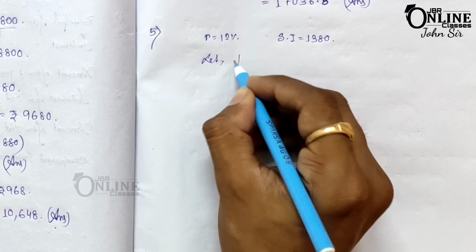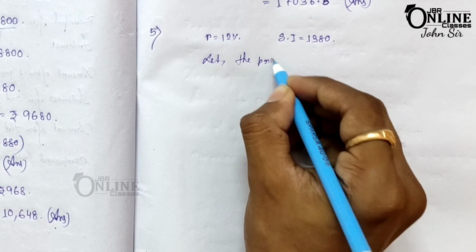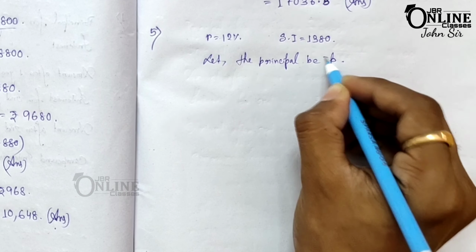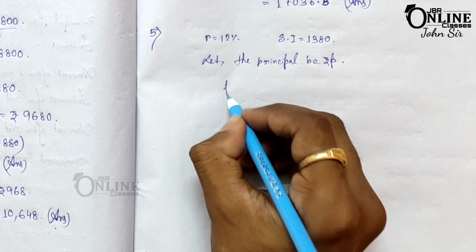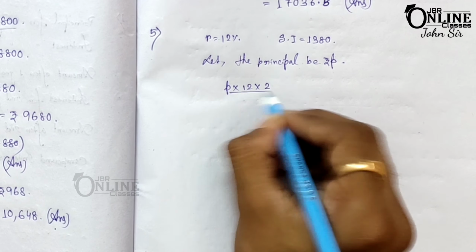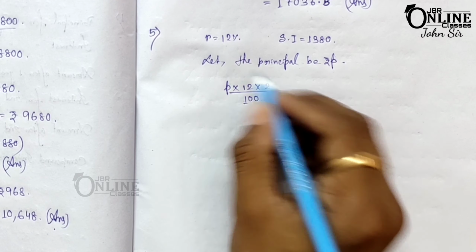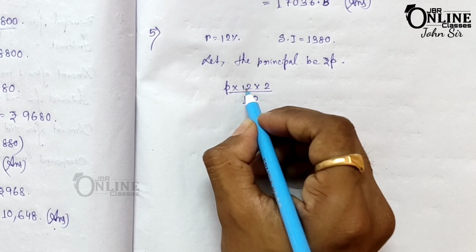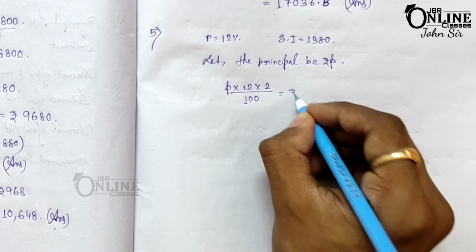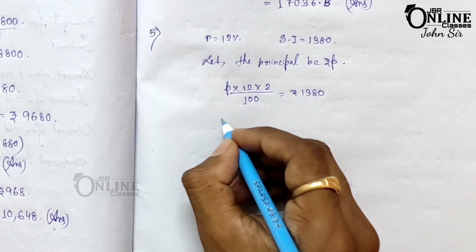First let the principal be rupees P. So according to the problem, P into R, that is 12, into 2 years, by 100. That is the formula of simple interest: principal into rate into time by 100, that equals rupees 1380.